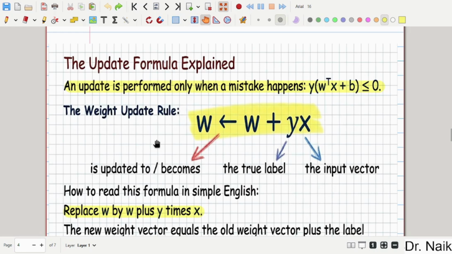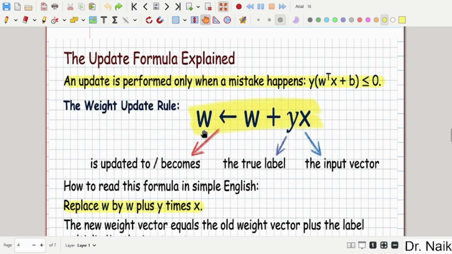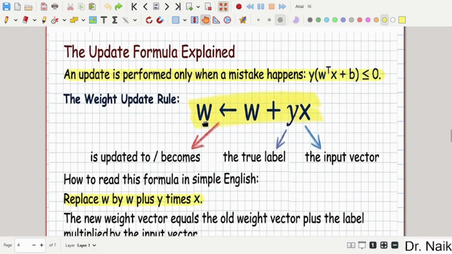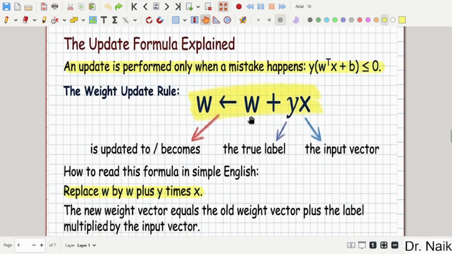And the update formula for weight is: if Y times W transpose X plus B is less than or equal to 0, then the perceptron will update the weight, and the update formula for weight is W is replaced by W plus Yx.